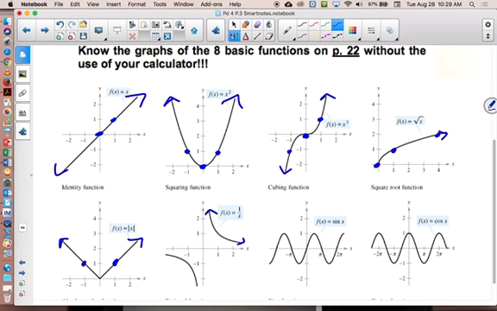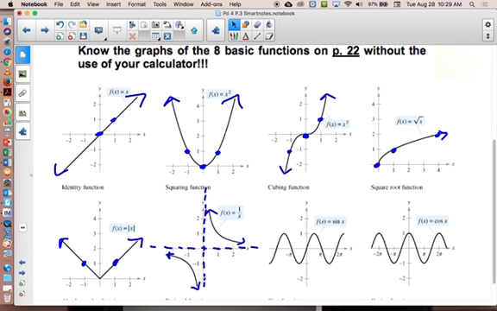One over x. And then a basic sine, you only really have to sketch one period, but a basic sine, so you know what that looks like, and a basic cosine.